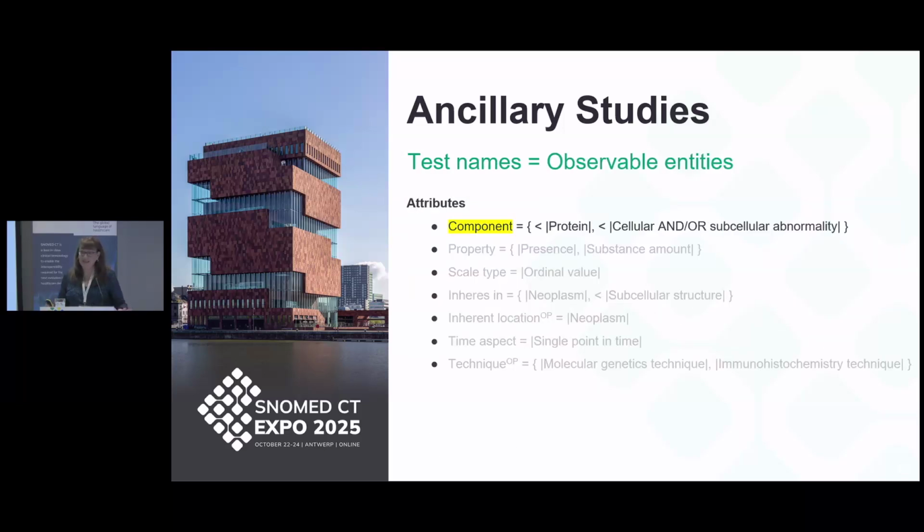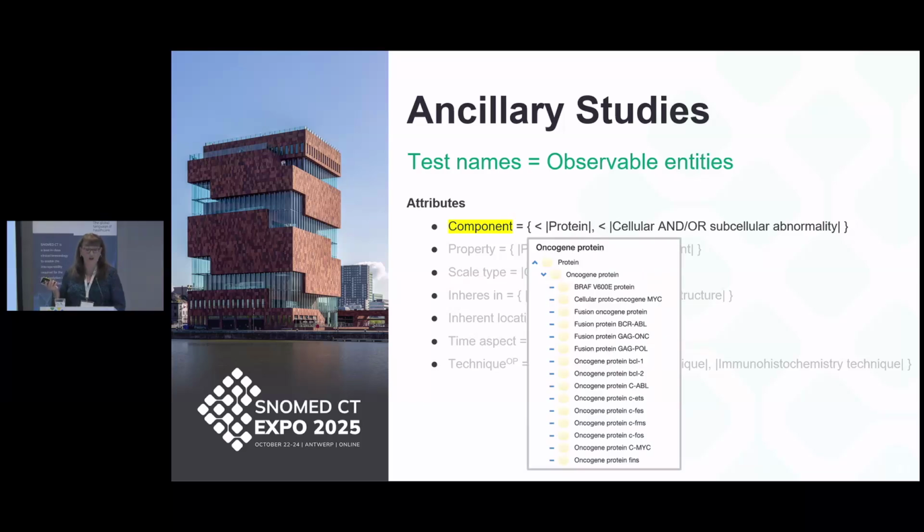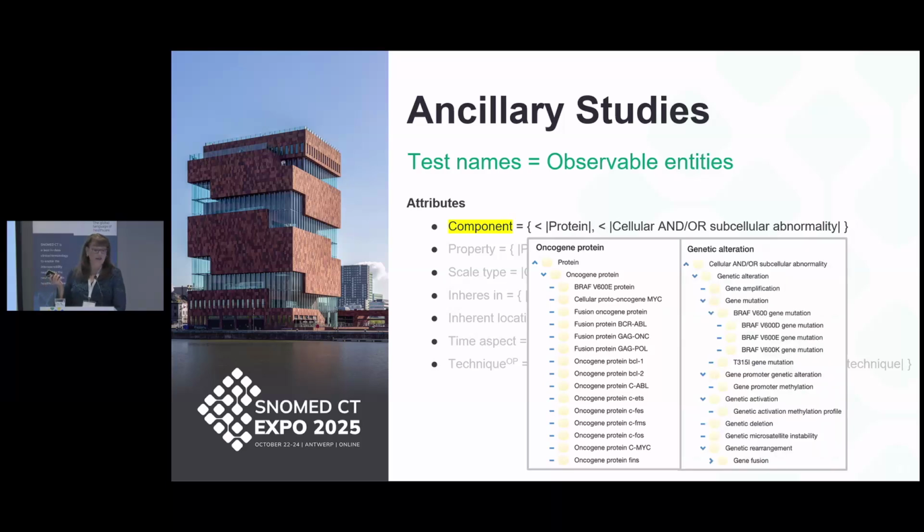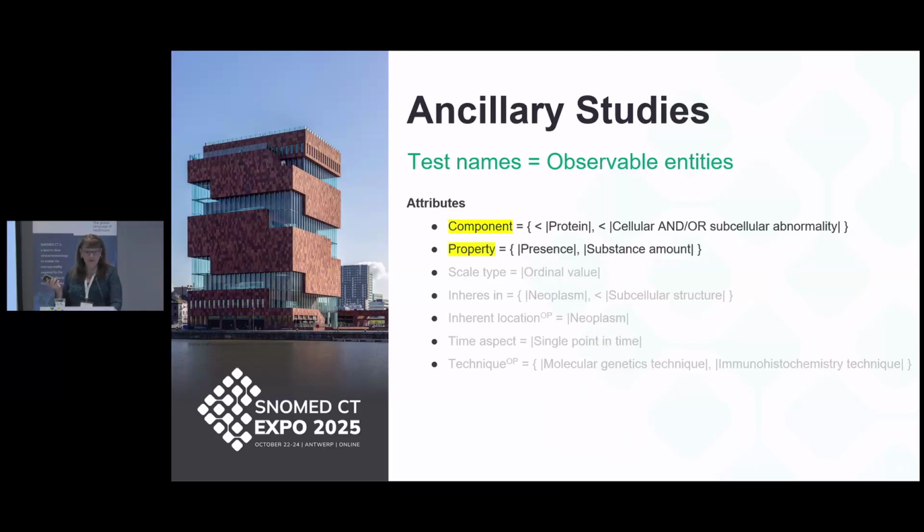In modelling these tests, we're using the observable entity concept model with the component attributes set to a descendant of protein, and they're typically oncogene proteins, or a descendant of cellular and or subcellular abnormality. And here we have the genetic alterations, which are morphologic abnormalities, and you'll see things like gene amplifications and deletions and rearrangements. The property attribute is either set to presence or substance amount.